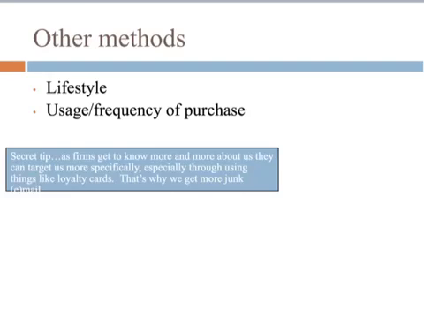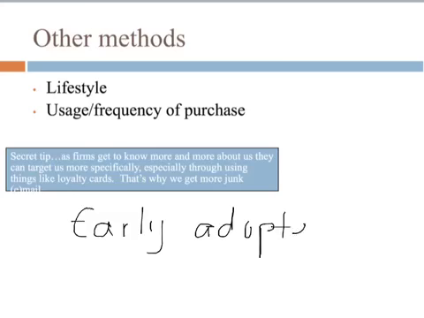We also might segment according to usage or frequency of purchase. Some consumers, we'll call them early adopters, I'll just write that in there to remind you, like to be the first to try a new product.